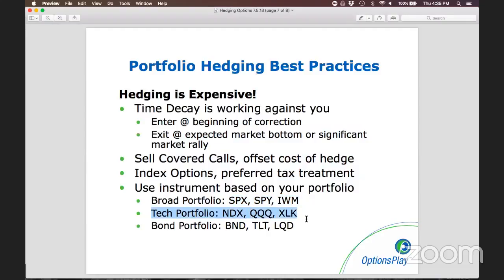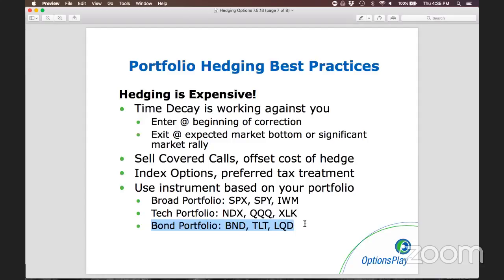If you have a tech-focused portfolio, which many of you do, you might want to choose one of the indices that track technology, like the Nasdaq 100, the QQQs, XLK. Any of these tech-based indices will be a better hedge if you have a tech-heavy portfolio. Conversely, for those of you that are mostly in bonds and maybe don't have a lot of stocks in your account, you want to use a bond ETF like BND, TLT, or LQD.